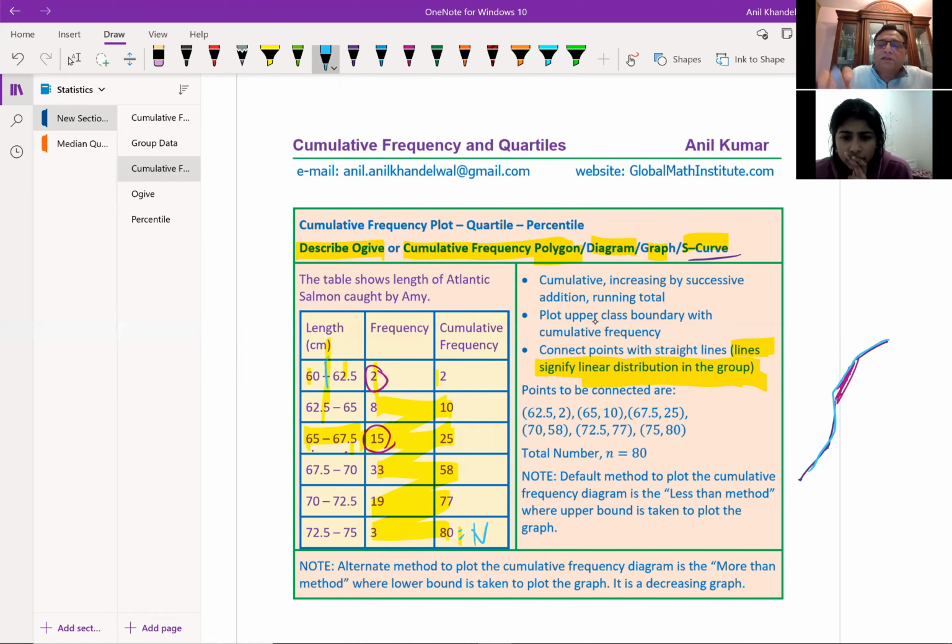But what we will actually do, as you had discussed earlier, is take the upper bound, because we are doing the increasing, less than method. So we are going to use the upper bound. How many are less than 62.5? There are two less than 62.5, and therefore I get a coordinate point 62.5, 2.